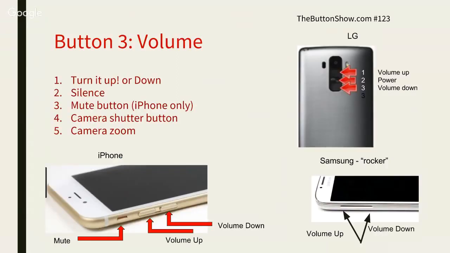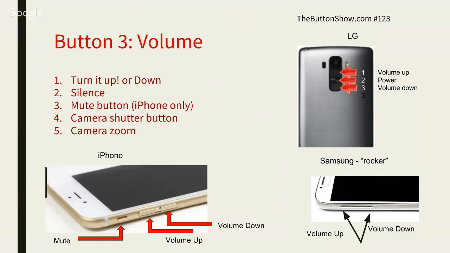Button number 3 is the volume buttons. And there might be 2 of them. There might actually be a volume up and a volume down. Or it might be one long button. I call that a rocker, where you press on the top of it, and that's volume up, or you press on the bottom of it, and that's volume down.